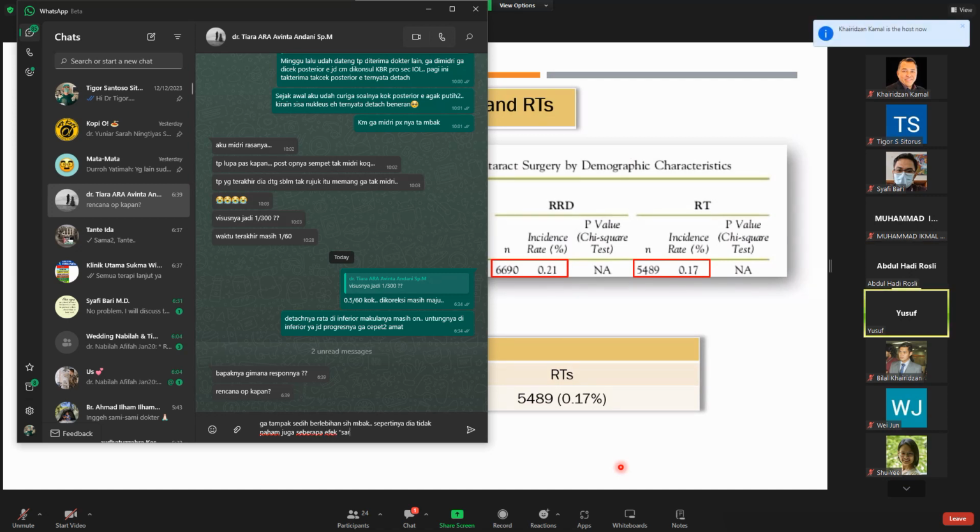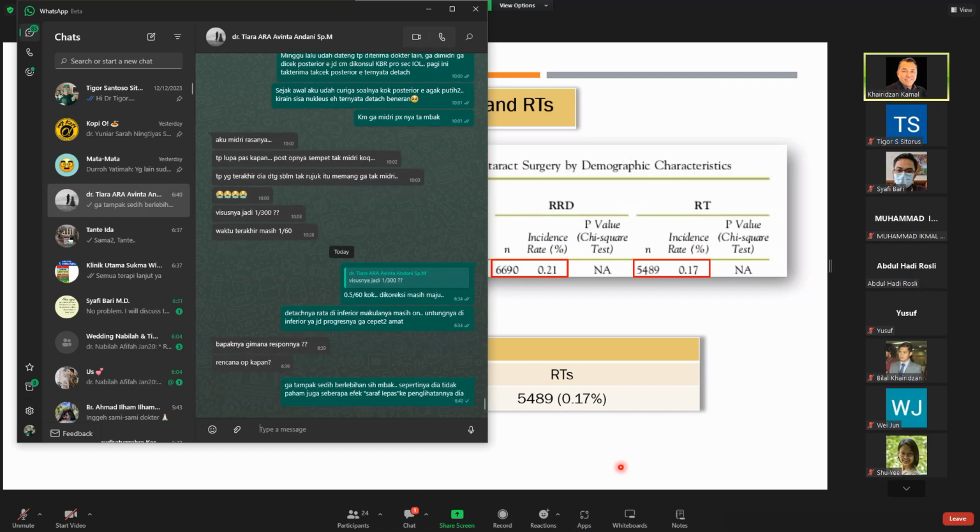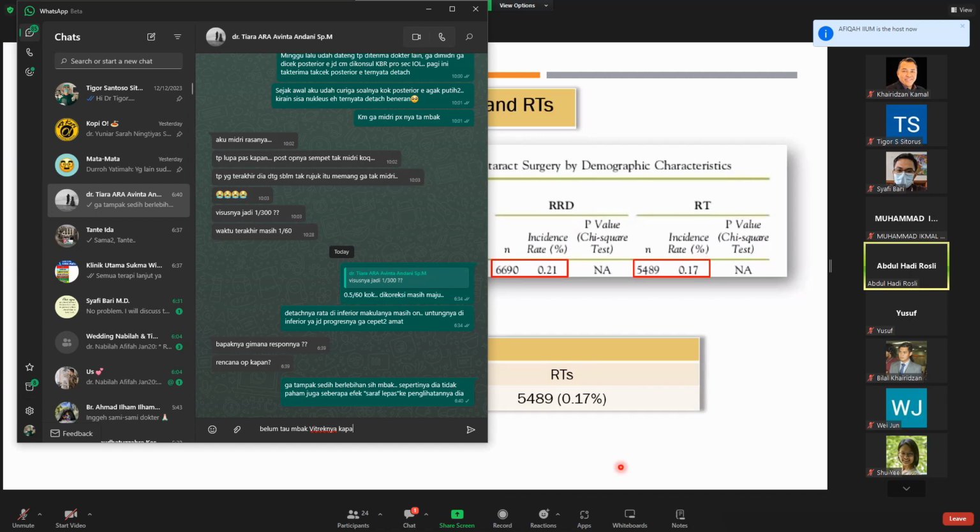So it comprises about 0.21%. Then for retinal tear, the total eyes that developed retinal tear without RD was 5,489 eyes. So it comprises about 0.17%.